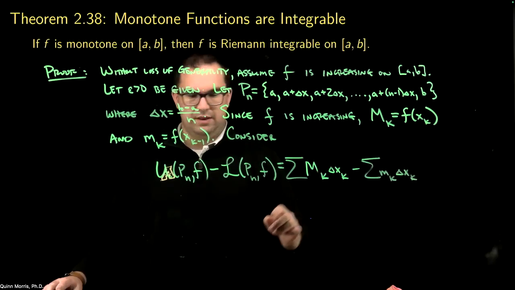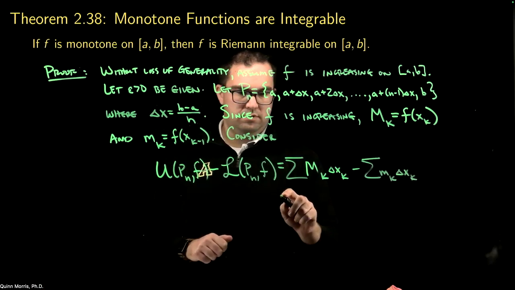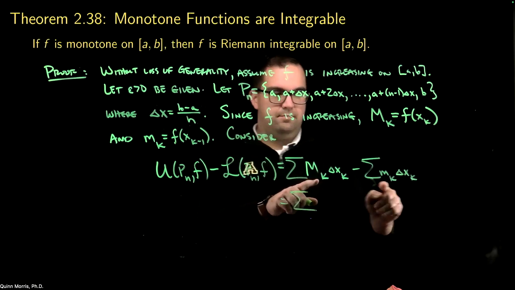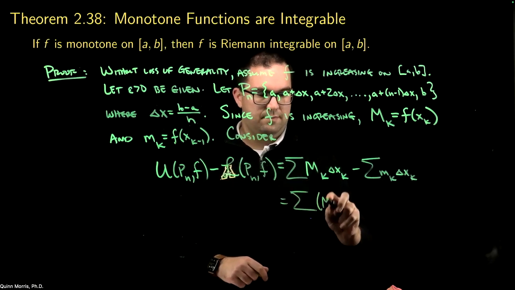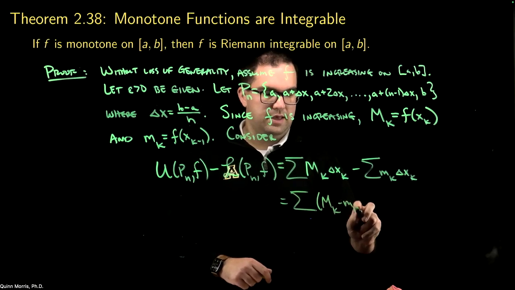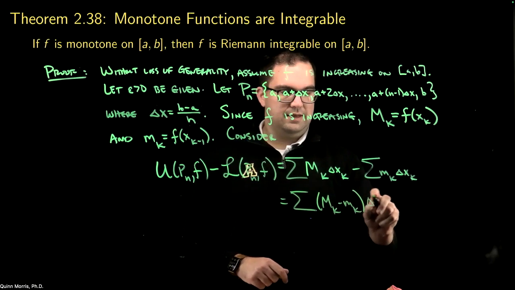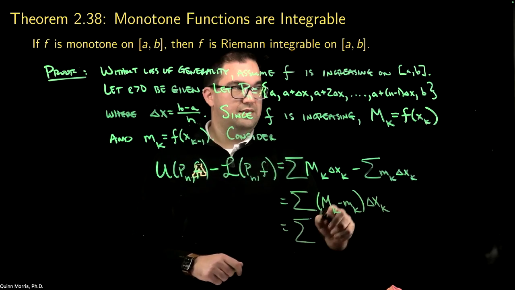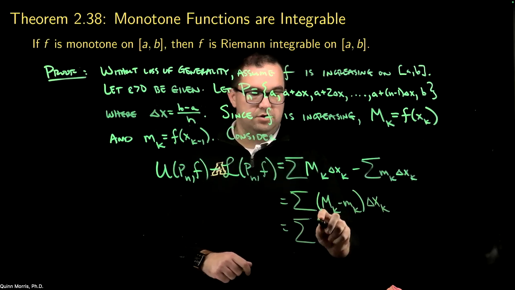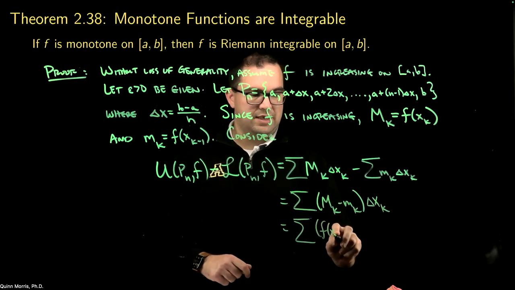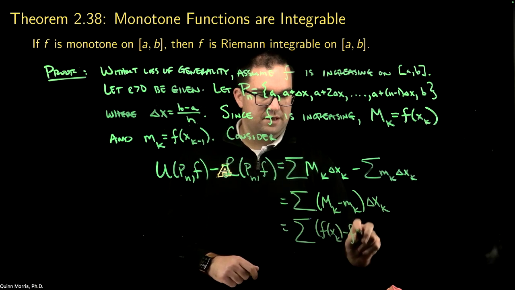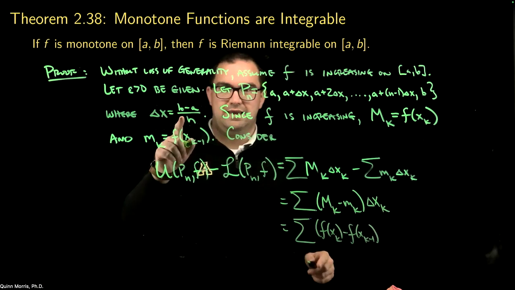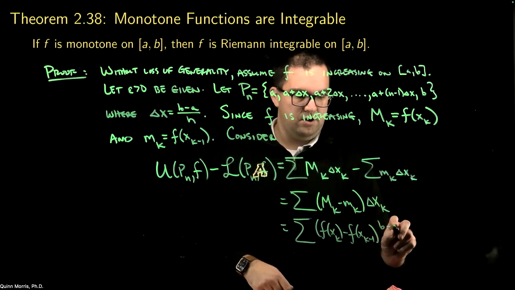And now I could combine these, so I would get capital M sub k minus little m sub k times delta x_k. I know what these are, right? These are just f of x_k minus f of x sub k minus 1. And this delta x_k is just this (b minus a) over n.